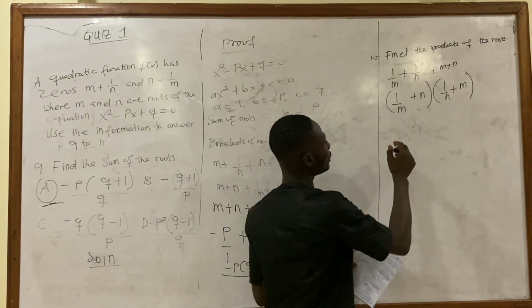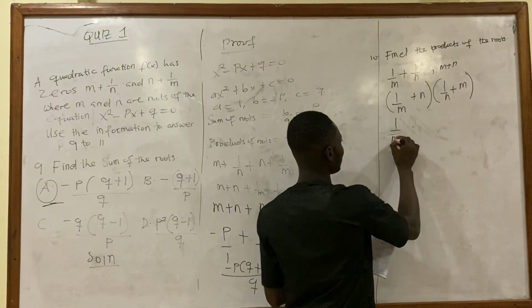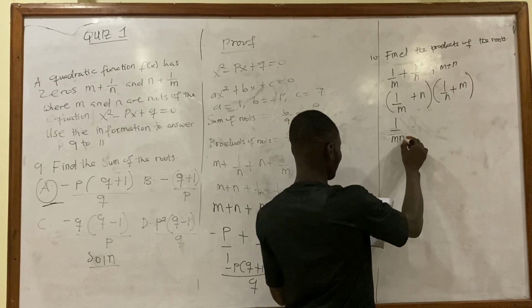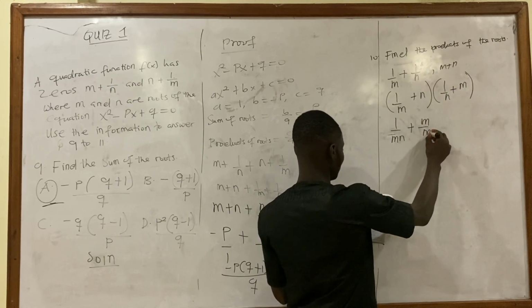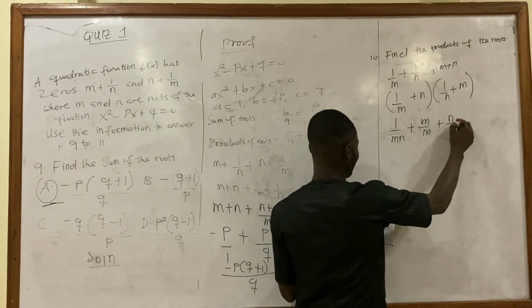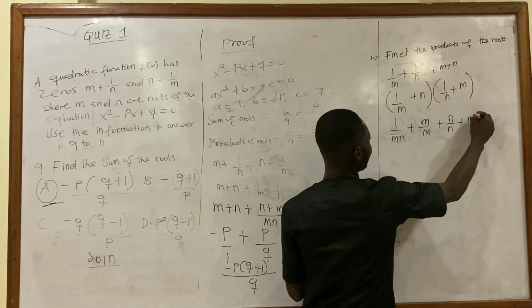When you do this, you have 1 over mn plus m over m plus n over n plus mn.